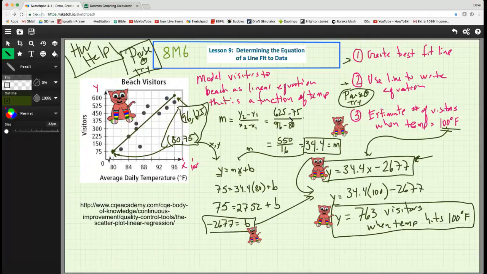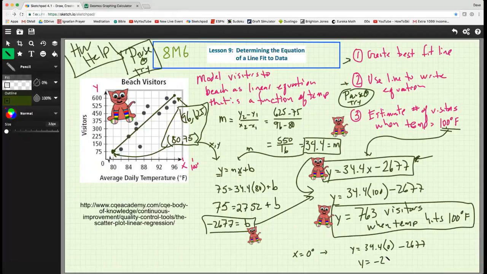Do we think this is a good model for really low temperatures? And the answer is, think about what happens when x is 0 degrees. It's 0 degrees, how many visitors are we going to get to our beach? When it's freezing, way below freezing. Well, our model would say that y is equal to 34.4 times 0 minus 2,677 visitors.